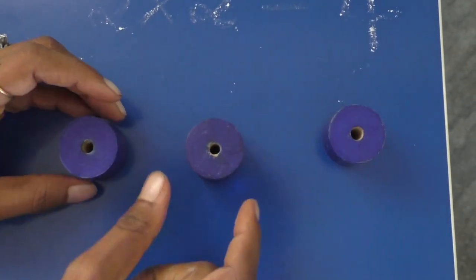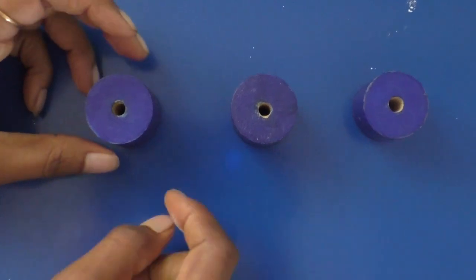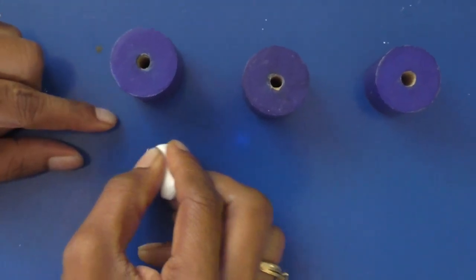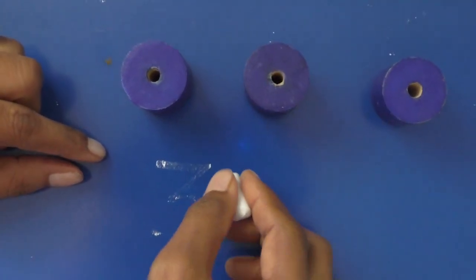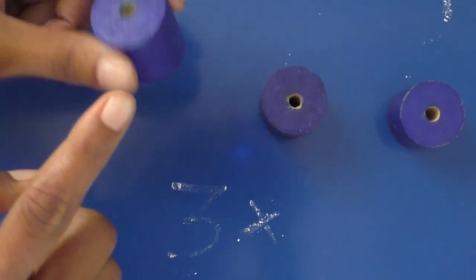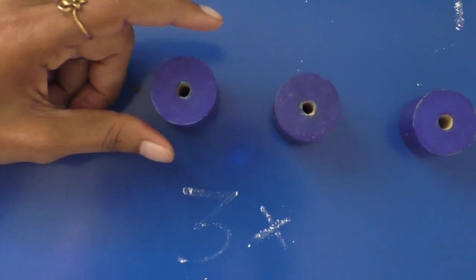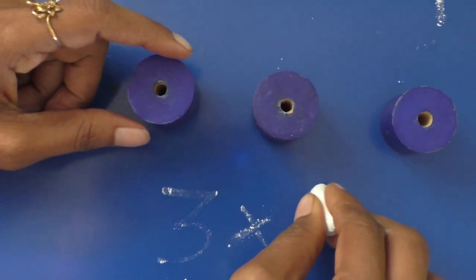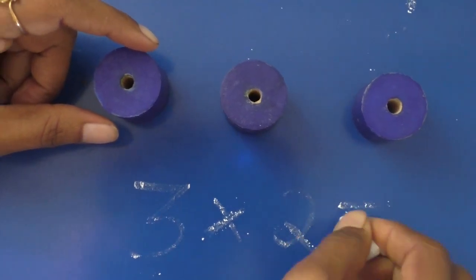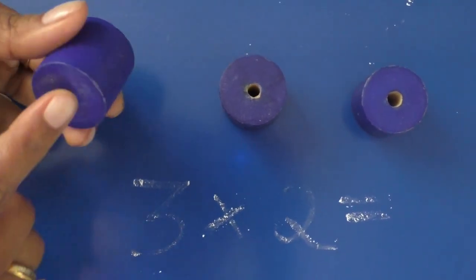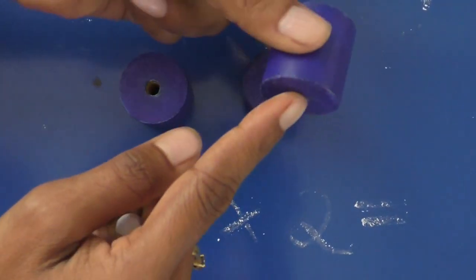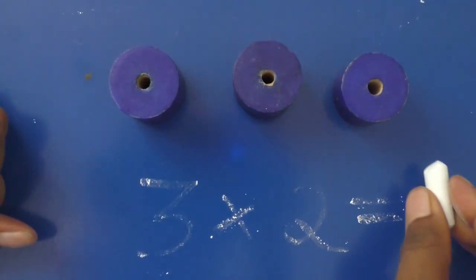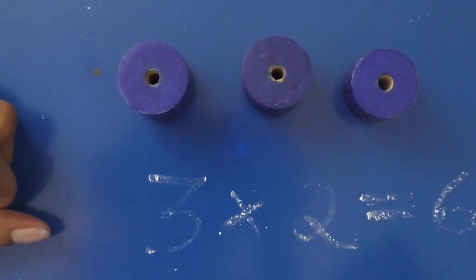Now we will take 3 beads. 1, 2 and 3. So how we will write? 3 groups into 2 holes each. 3 into 2, which will be equal to how many? 1, 2, 3, 4, 5 and 6. So total would be 6.